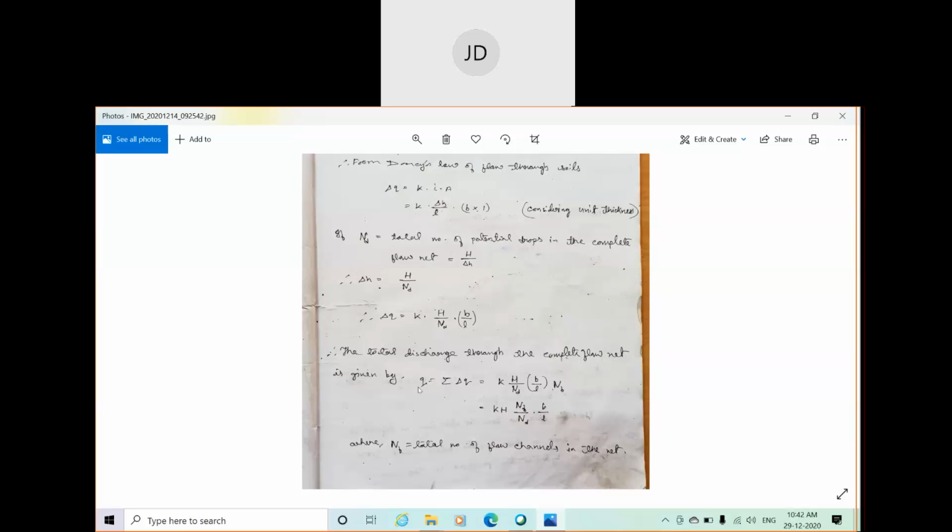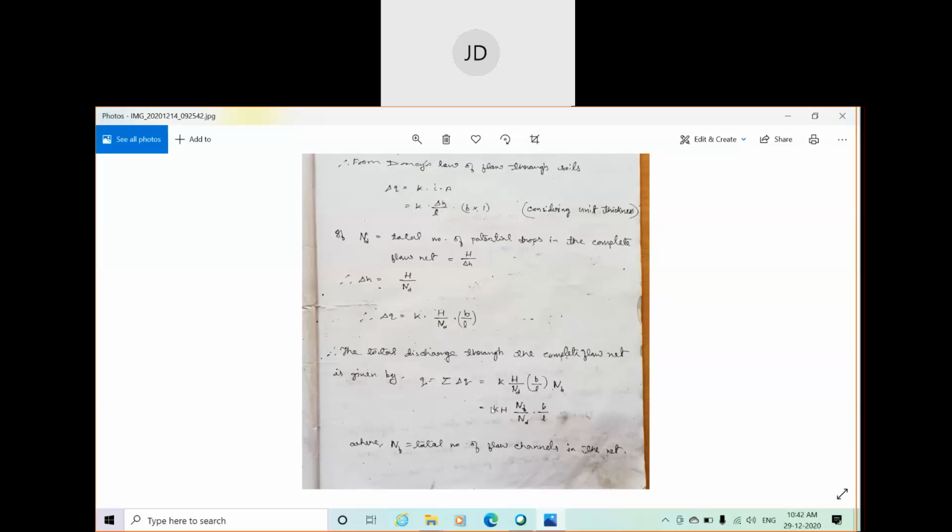So we can find the total discharge through the complete flow net, that is small q equal to summation of delta q. That means all the delta q must be summed up, so this term multiplied by NF, that is K into H by ND into B by L into NF.